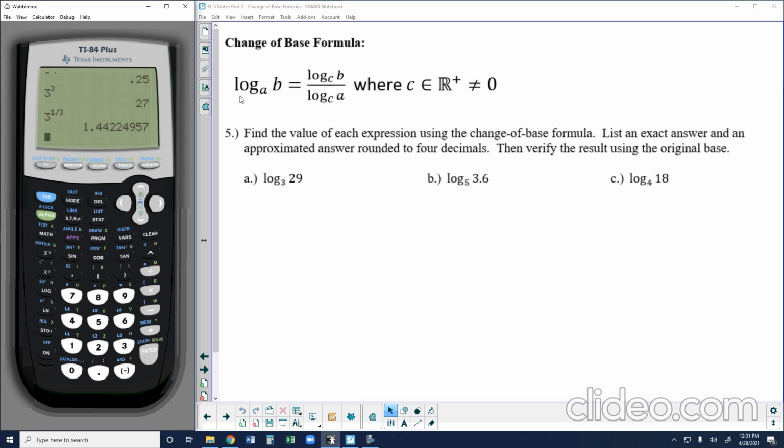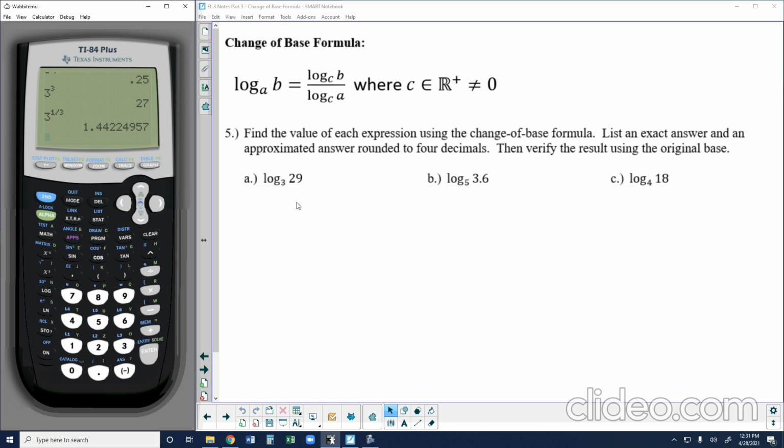So let's say we take log base a of b. I can rewrite this expression as any logarithm of b over the logarithm of a, as long as my base is a positive real number not equal to 1.